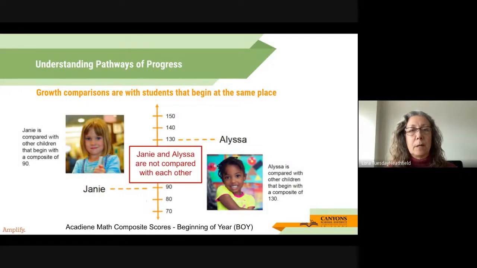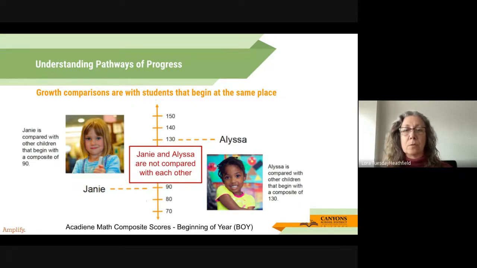So these next couple of slides kind of explain pathways of progress in a visual way so that you can better understand. So essentially, the pathways allow us to make growth comparisons with students that start at the same place. So the beginning of year composite score. In this example, Janie has a composite score of 90.